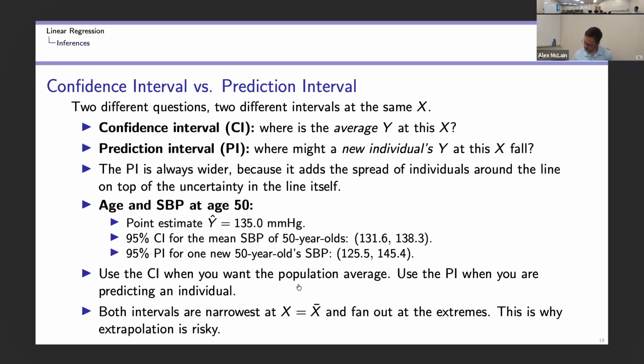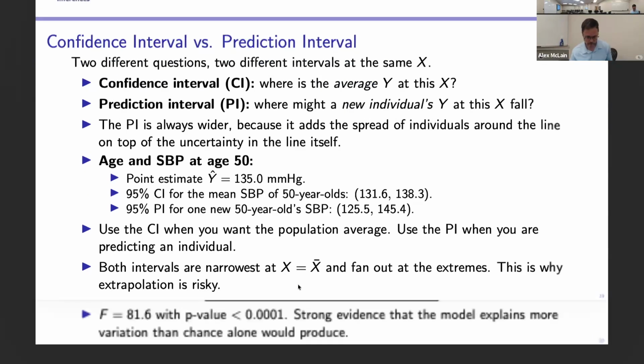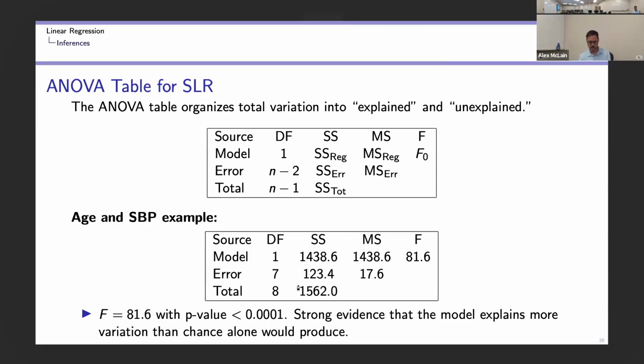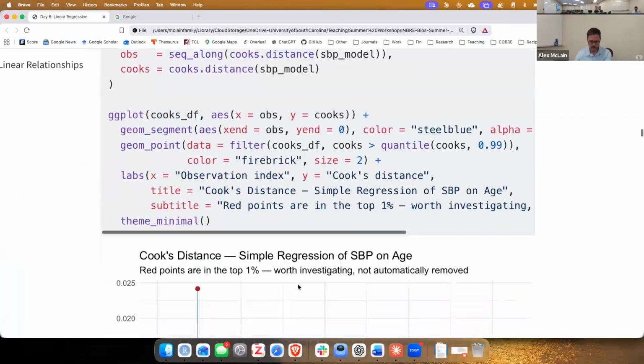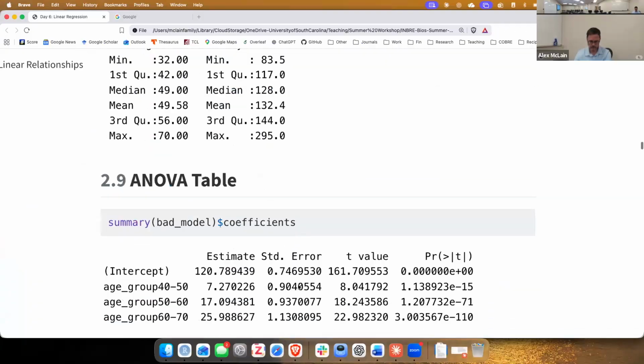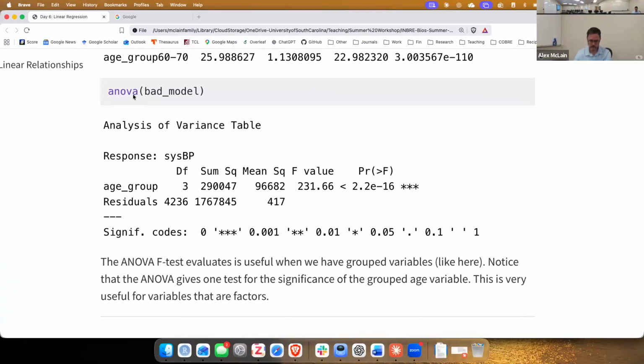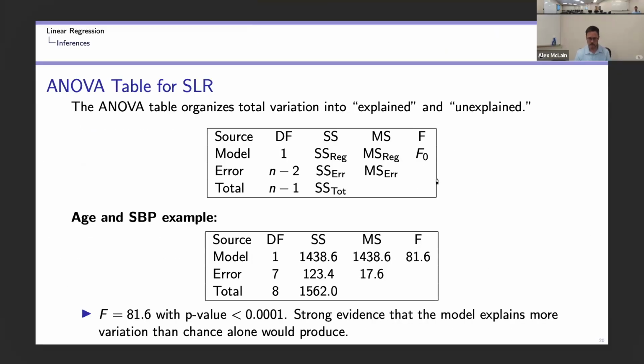Okay. Next thing I want to talk about is the ANOVA table. The ANOVA table is something that we can get using the ANOVA function. We get all this stuff that we have in this table right here.